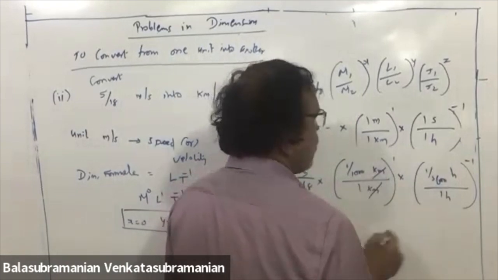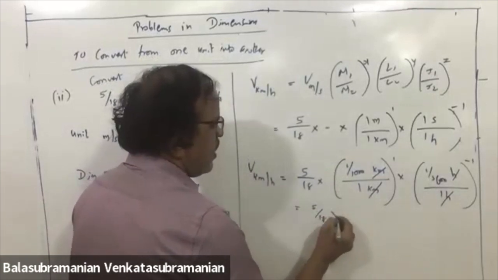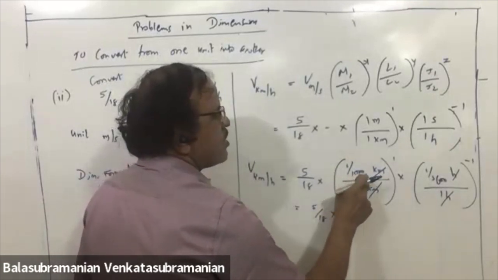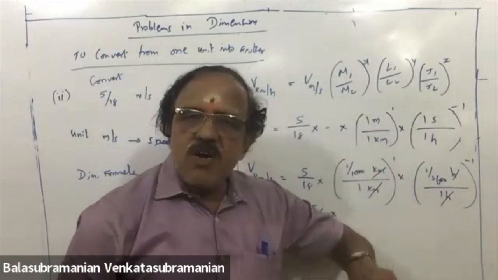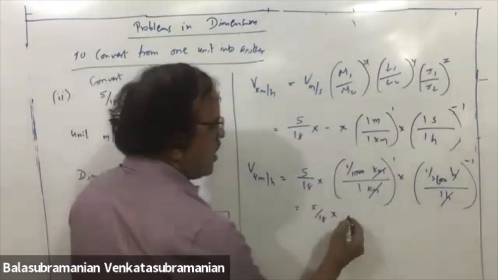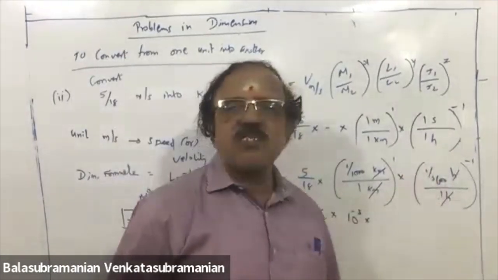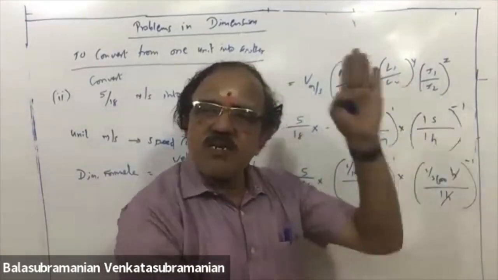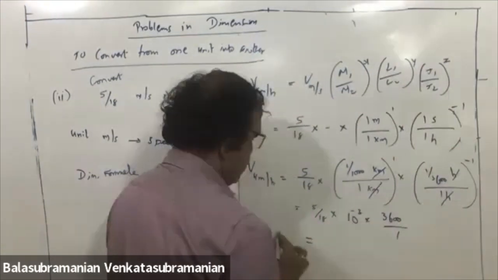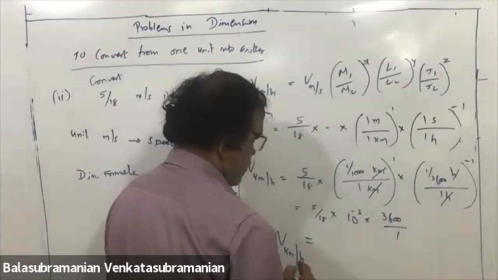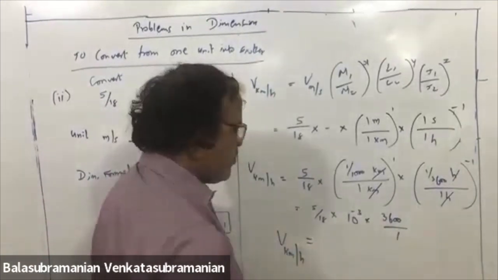Kilometer cancels, hour gets cancelled. So you will get 5 by 18. This is 1 by 1000; 1000 is 10 power 3 in the denominator, so you take it to the numerator and it becomes 10 power minus 3. Then 1 by 3600 to the power minus 1: invert, it becomes 3600 by 1. 18 and 36 go 2 times.